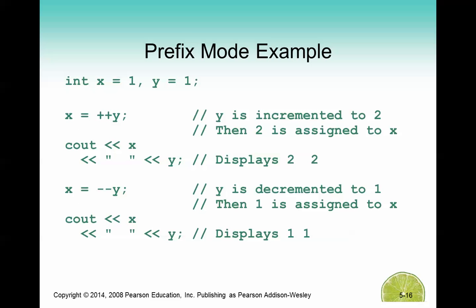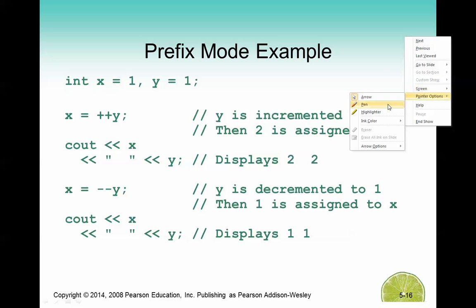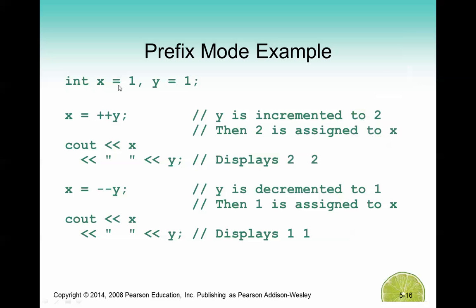Let's see one example here, and then we're going to compare. This is prefix mode. So we start by setting x to 1. So we put a 1 in x, and then we put a 1 in y. Then I have this statement: x is assigned the value of plus plus y. Remember, this part is going to be solved first.